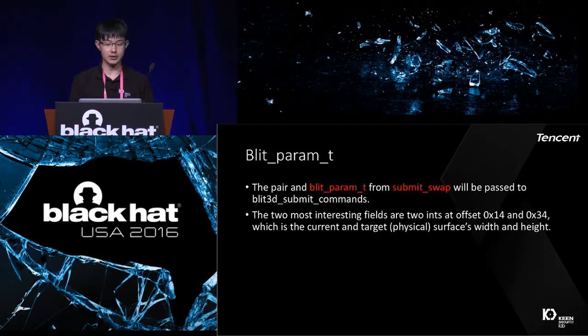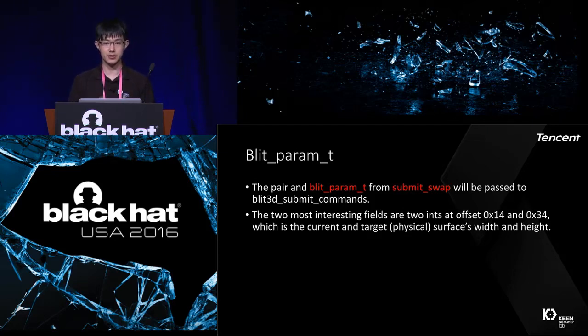An important parameter for the blit operation, which is the function blit 3D submit commands, is a blit param T. The blit param T is actually a very big structure. I believe it has hundreds of bytes, and we used reverse engineering to deduce some fields. The most interesting ones are the two ints at offset 14 and offset 34, which are the target surface width and height.